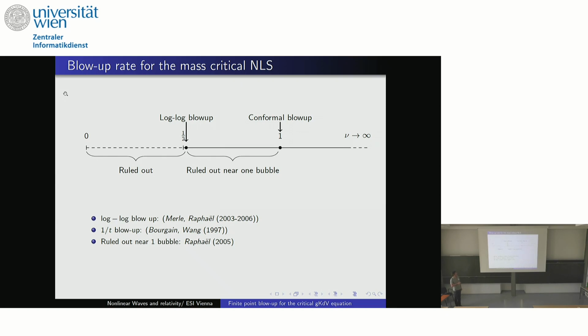So somehow here there is nothing. You can see that it seems to be quite a different feature between gKdV and NLS, even though when you look at them first, you would think that they are quite similar. And here, as far as I know, it's completely open if you have a blow-up rate with larger speed.